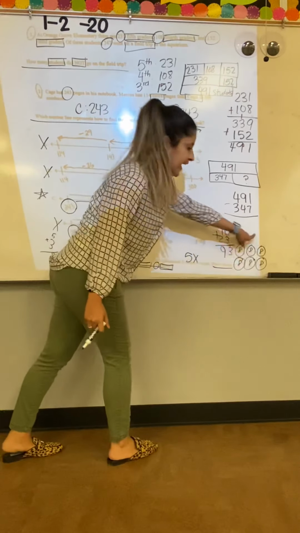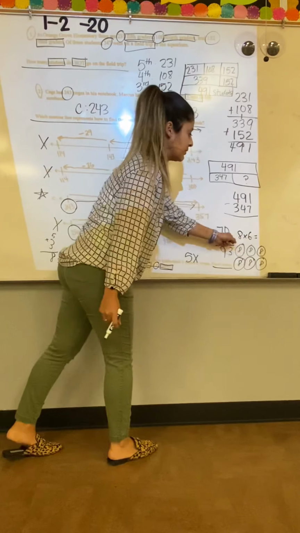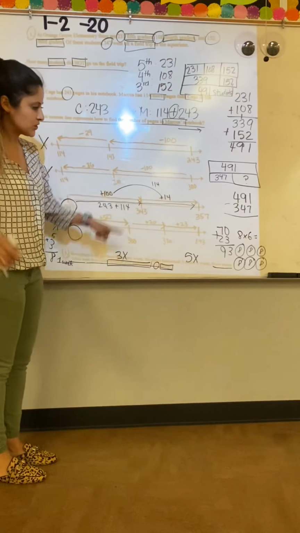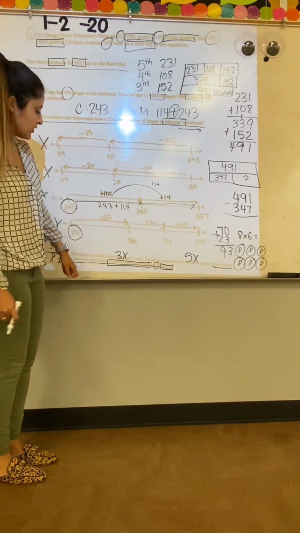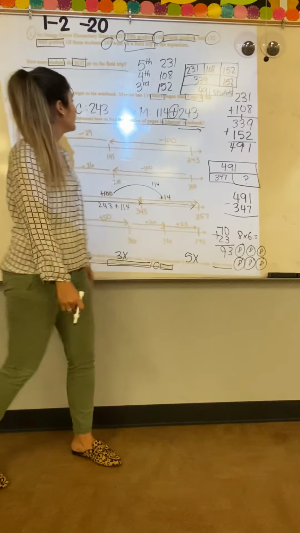Oh, I have 8, 6 times, or 6 times 8. So they can go ahead and work on their multiplication fact for 8 times 6 or 6 times 8 to find the total that Ross played for football and basketball in 6 weeks. All right, next question.